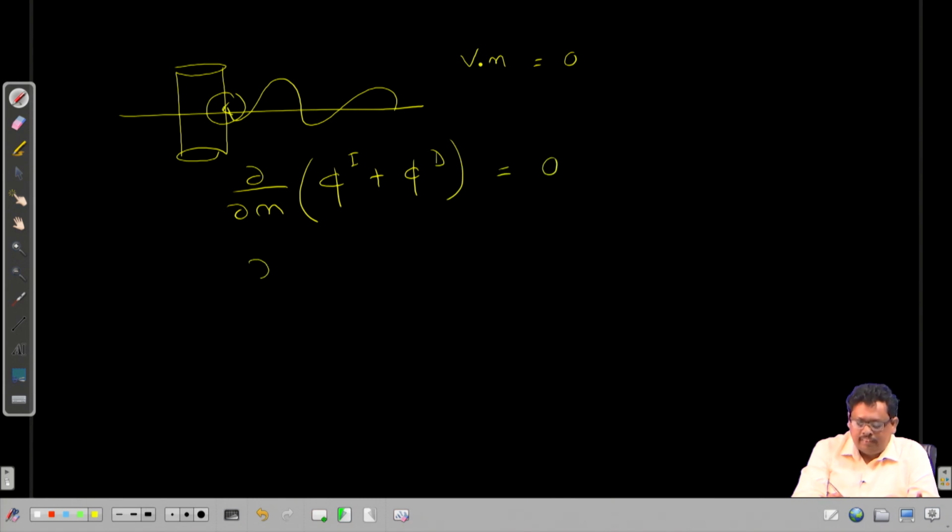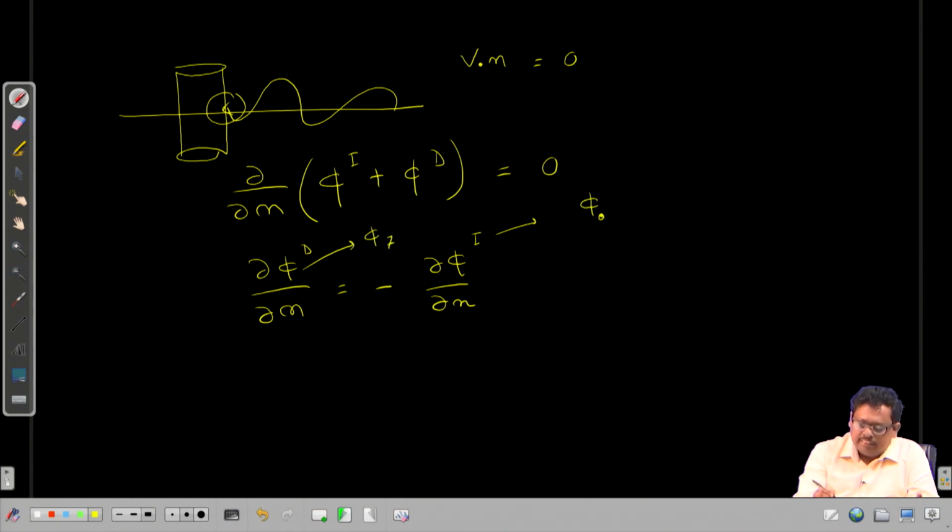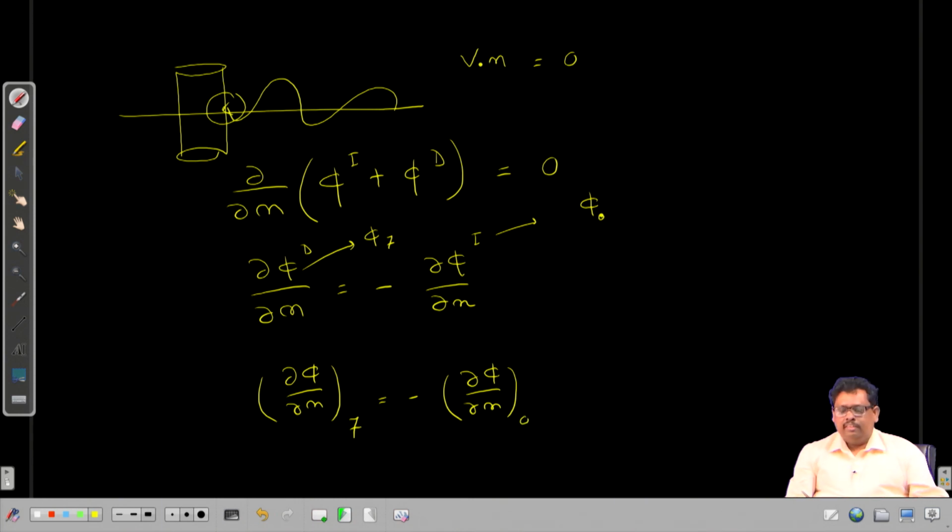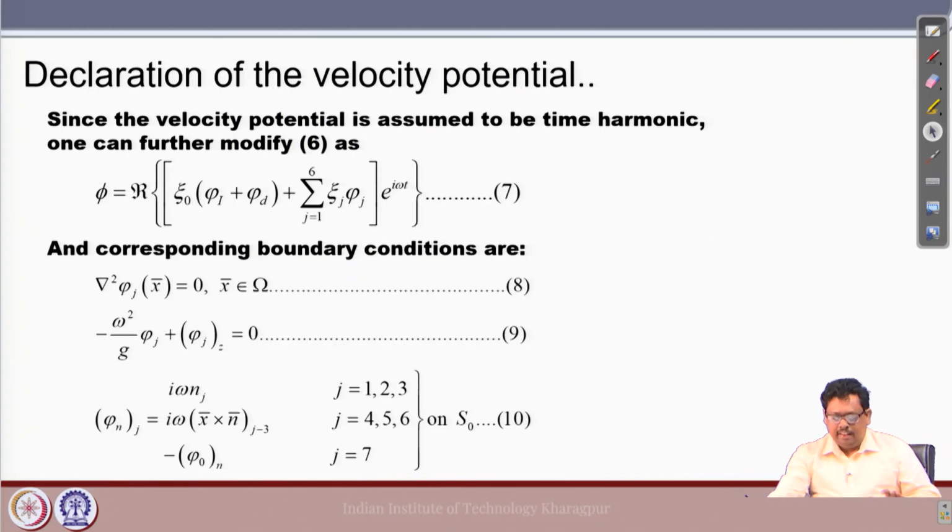So, del phi d by del n should be equal to minus del phi I by del n. If you remember, I denote phi I as phi 0 and phi d as phi 7. Then I can write del phi del n in the 7th mode as equal to minus del phi del n in the 0th mode, right.